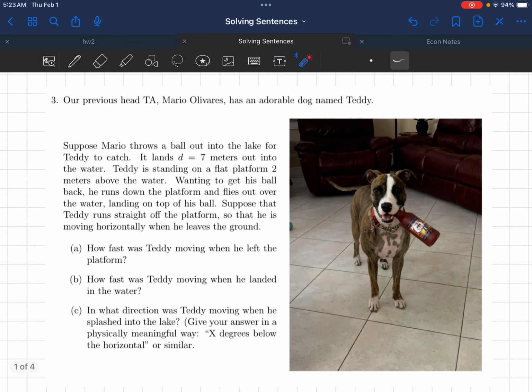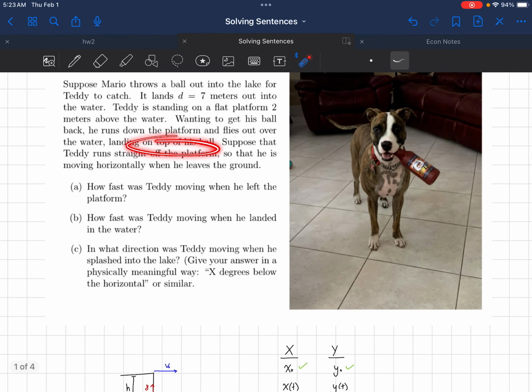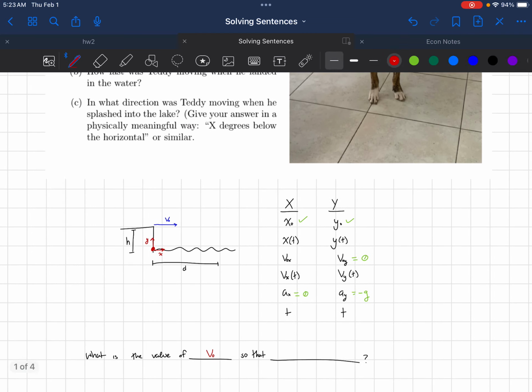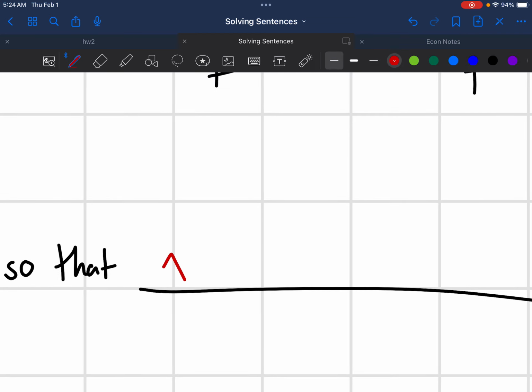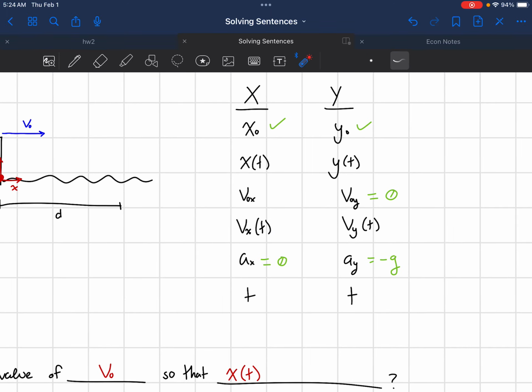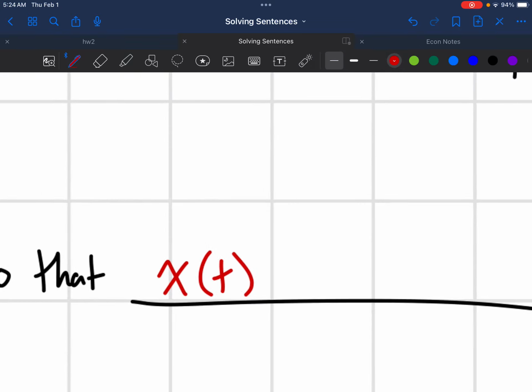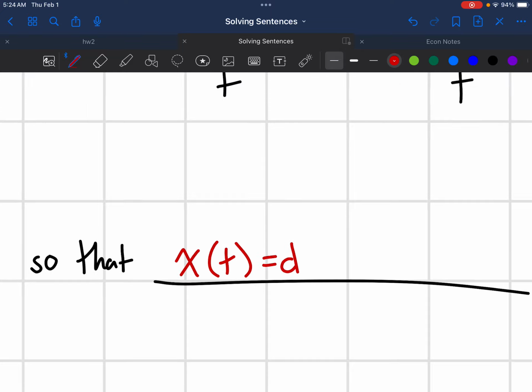Well, I want the dog, Teddy, to land on top of the ball. There's two pieces to that. He's landing, and he's also on top of the ball. We'll start with him being on top of the ball, or in the same location as the ball. That means my x of t, my position at some time t, if he's on top of the ball, is going to equal that distance d.